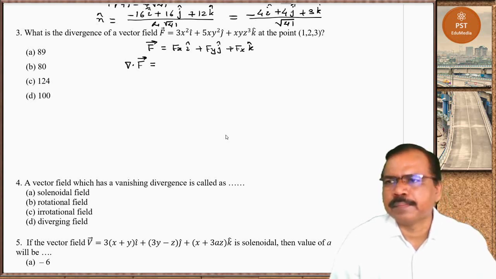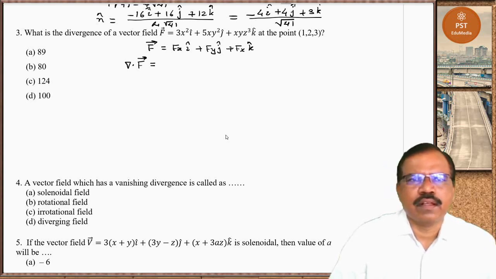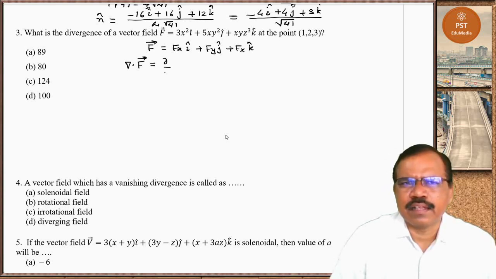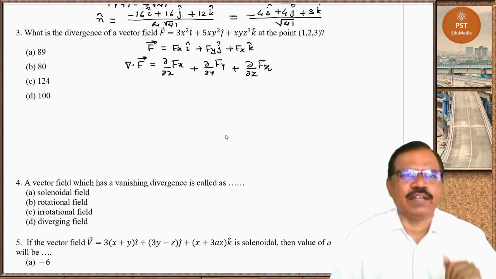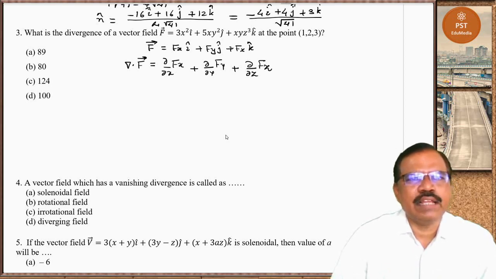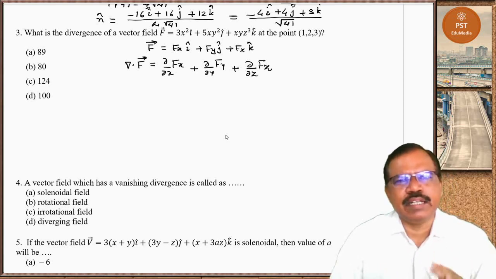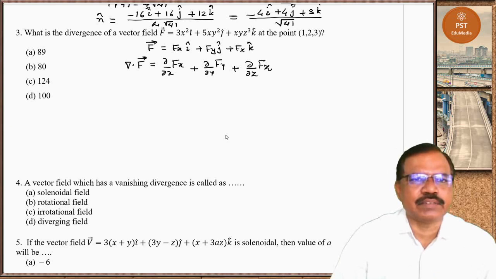Del dot F is del by del x into fx, then plus del by del y into fy, plus del by del z into fz. This is divergence. So here derivative of fx with respect to x.